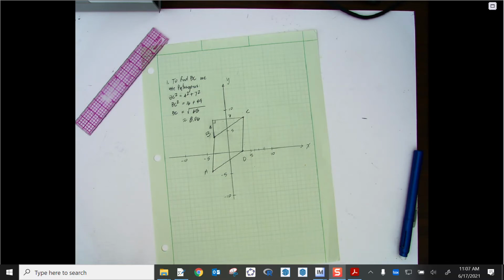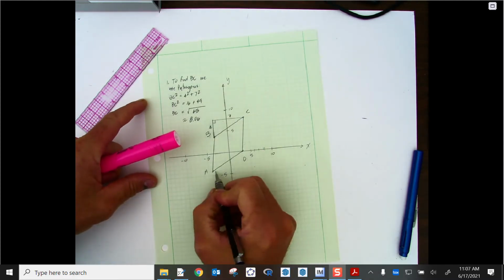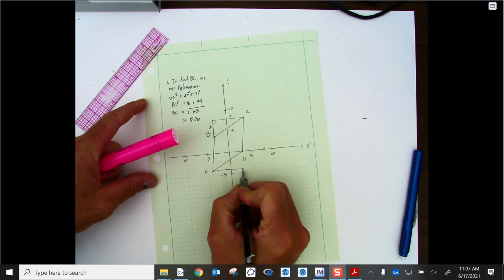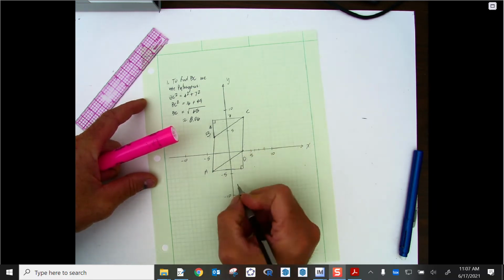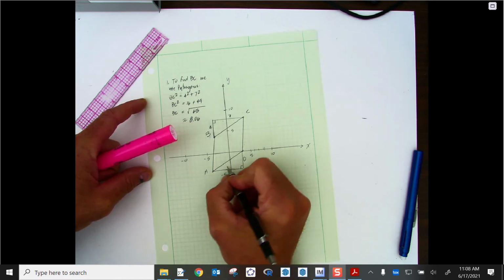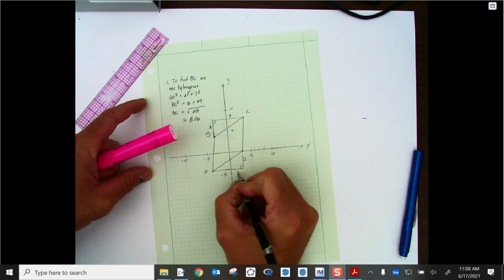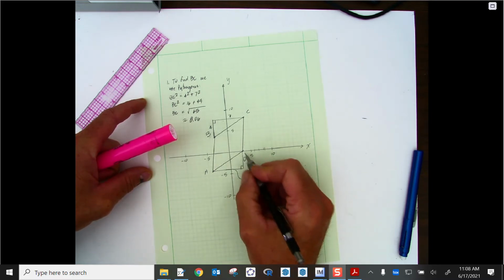Now the big question is, are the rest of them 8.06 or square root of 65? And one thing that I can see is that certainly this is going to be true for AD, because for AD, if I come down here and draw in my little triangle, I can see that it again would be 7 wide, and it would again be 1, 2, 3, 4 tall.